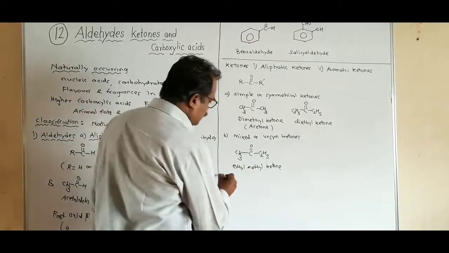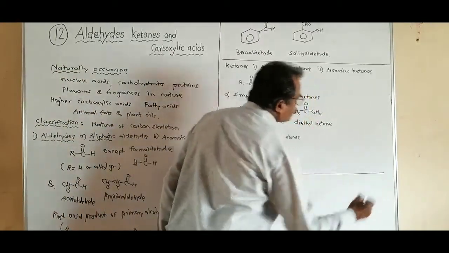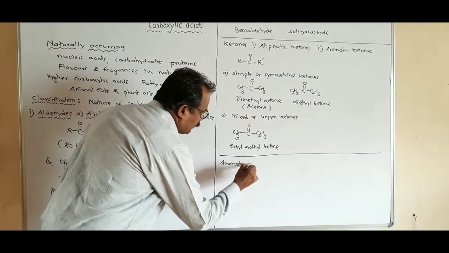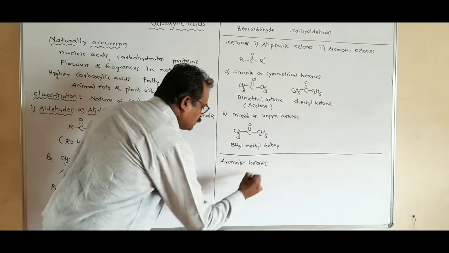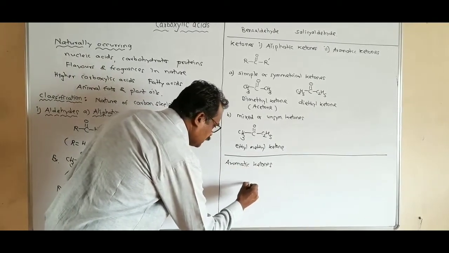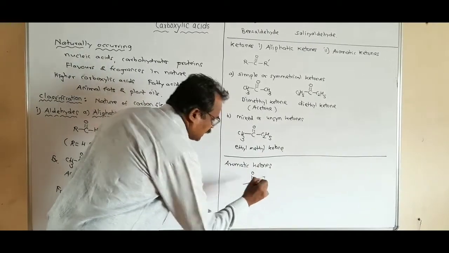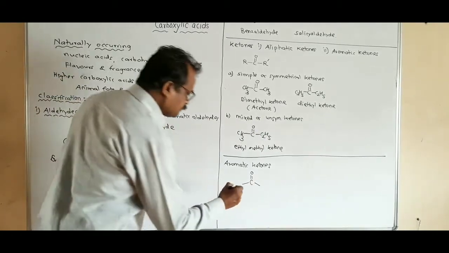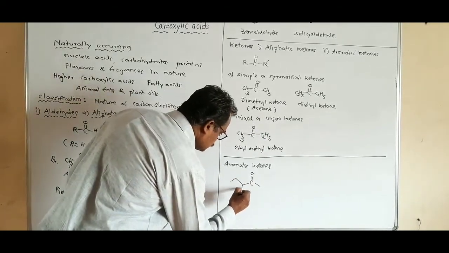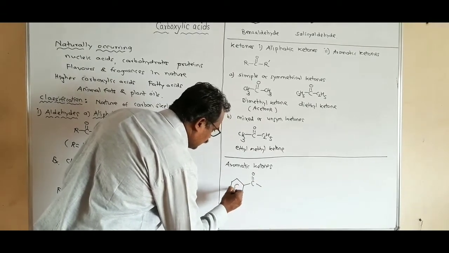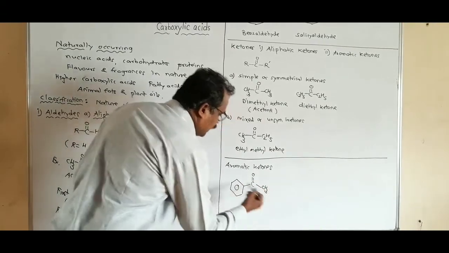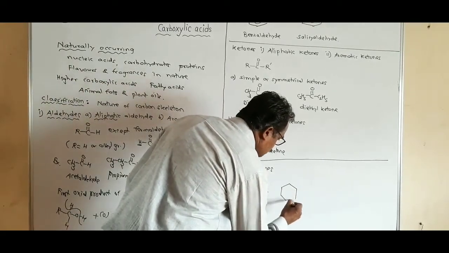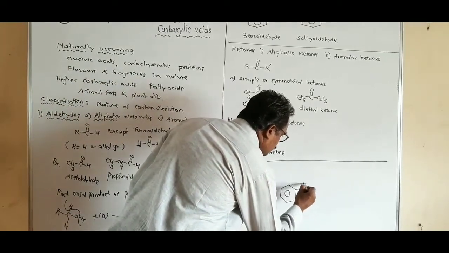And in aromatic ketone, the carbonyl group is attached to one alkyl and one aryl group, or both aryl groups.